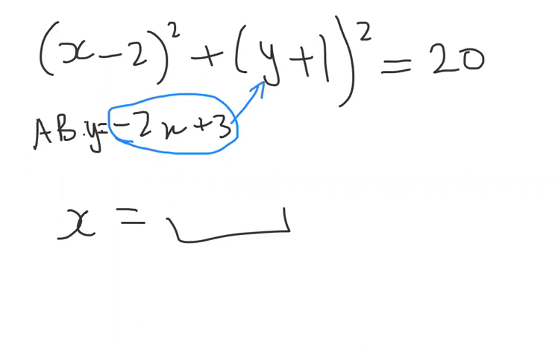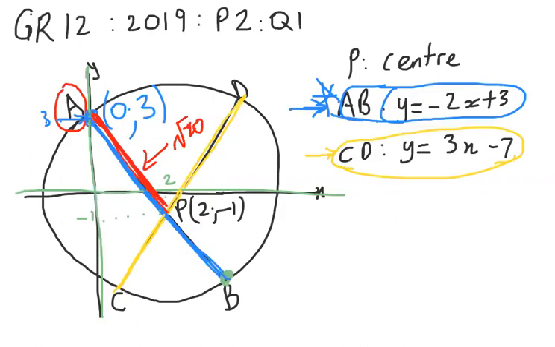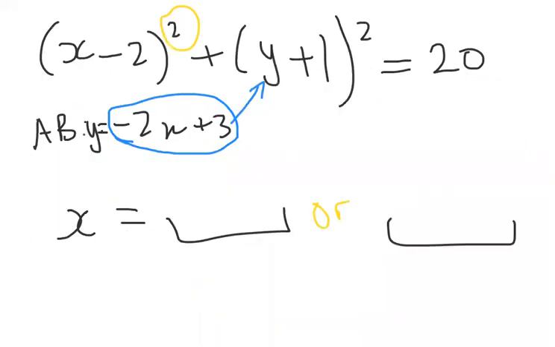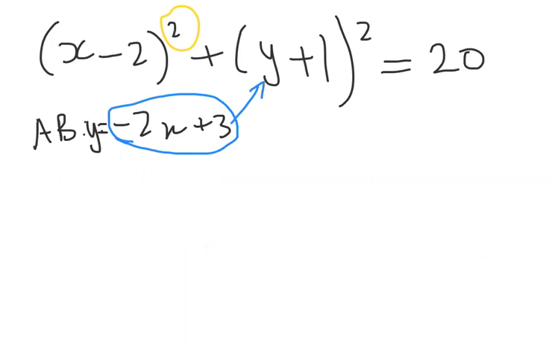Because we have a square over here, we'll probably have x equal to two things. But we're going to use this diagram to guide us and assist us as to where exactly B will be. So let's see where we get. That is my approach, and this is what I want: x equal to something.